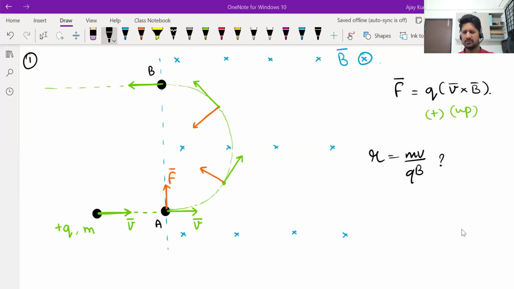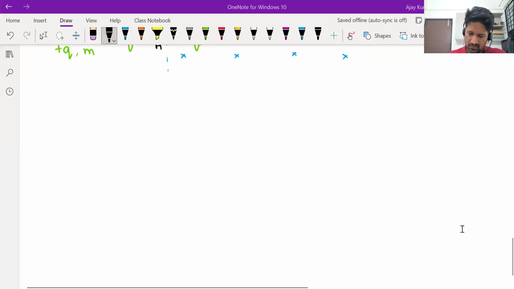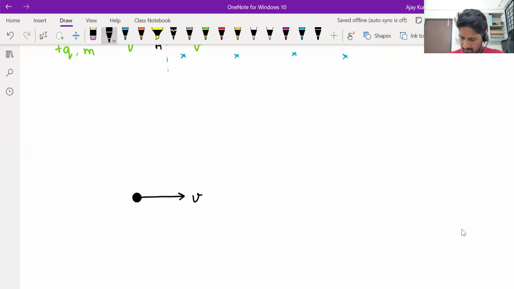Okay, let me explain a general idea to all of you. Suppose there's a particle moving with some speed, or velocity, this way. Now, if you want to deviate it from its path, you need to apply a force perpendicular to its velocity. So that radial force, radial acceleration, is necessary to make an object take a turn.